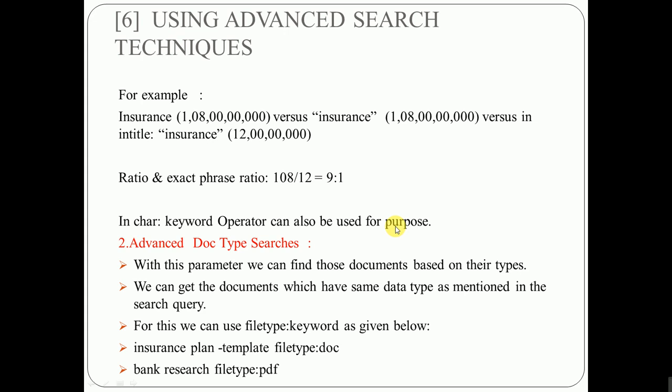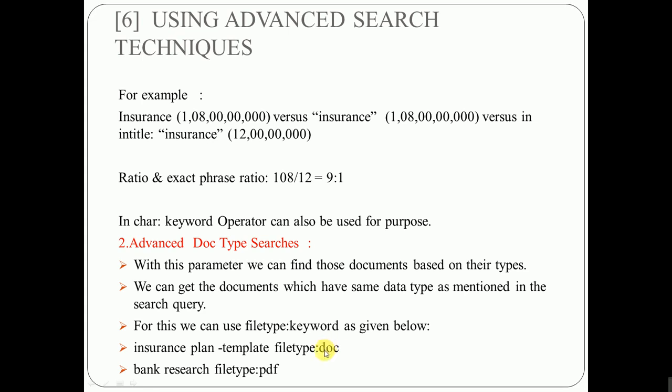So here you can see two special operators being used. Minus, which will not consider the template, and filetype:doc, which will return only doc files, documents with the doc file extension.